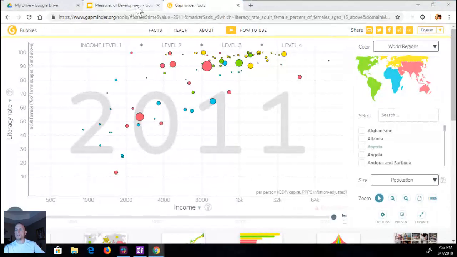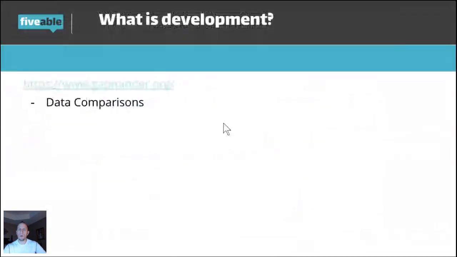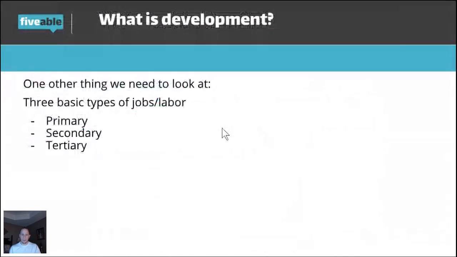Okay, so let's go. Gender empowerment measure, just did that. There's Gapminder. Okay, we were here. Last thing I wanted to talk to you guys about. We should be able to get through this in about 10 minutes. You can look at and kind of tell a country's development based on the economic activities that are going on in that country.